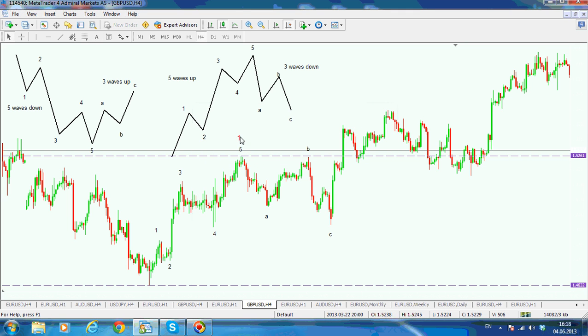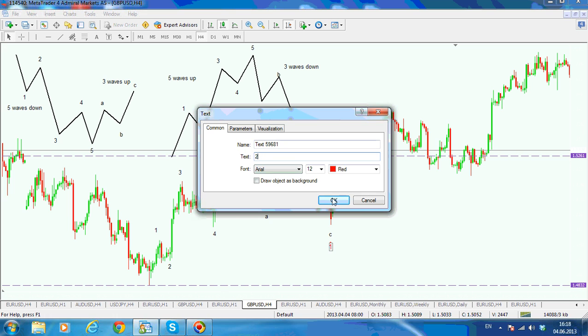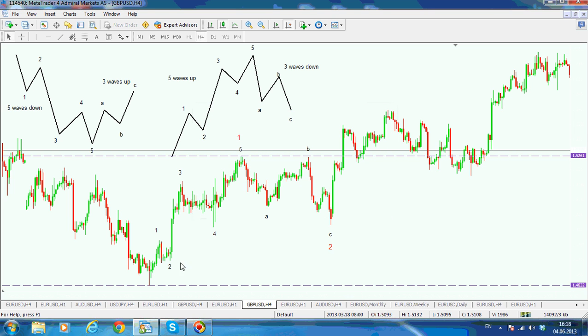So probably only wave 1 of a higher degree, and this A, B, C would be the correction of a higher degree, so it would be the second wave like this. Or this 1, 2, 3, 4, 5 might be only the end of an A wave and this the end of a B wave. It depends very much on what kind of structure you are looking at, and you will see more details regarding this in the future chapters.